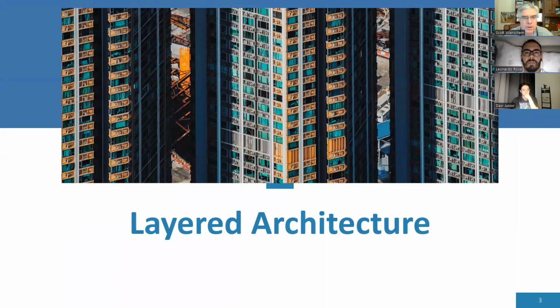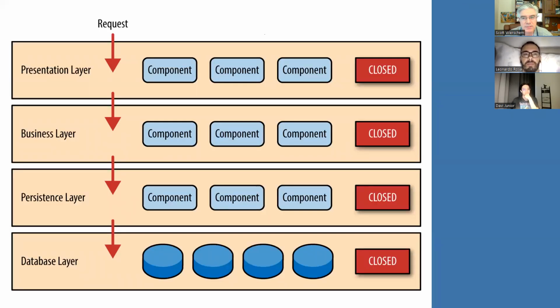So we start with what's called a layered architecture. This is the most common one that you find out there in the software world, because it's the easiest to understand and the easiest to implement. So let's take a look at what that looks like.